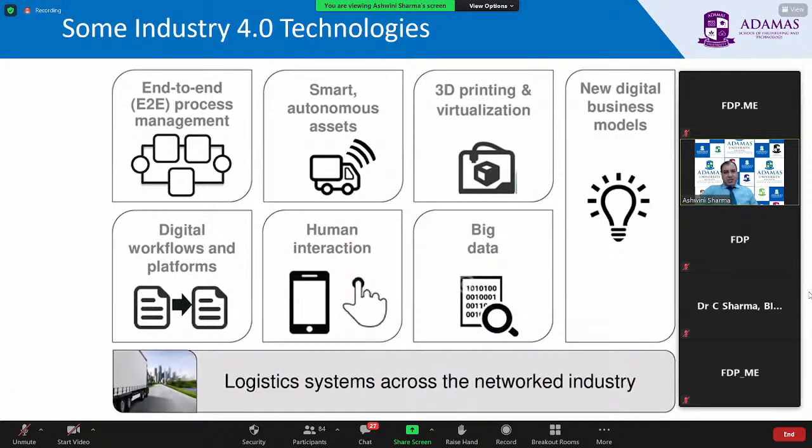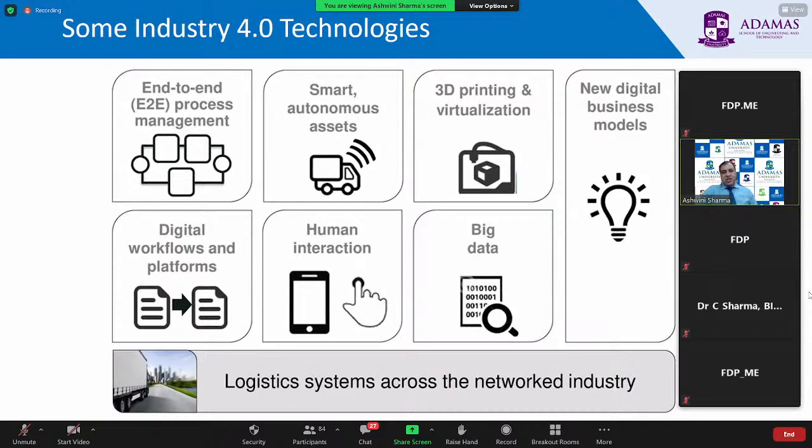These are some of the technologies which are there. End-to-end process management is one area where, from start to end, the process needs to be managed. Initially, it was human intervention, and then it went on to semi-automatic and finally fully automatic kind of systems in today's factories.